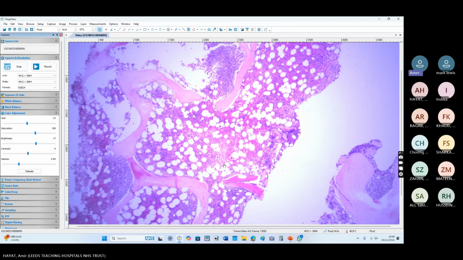In DLBCL, you will see large lymphoid cells because it is a diffuse lymphoma, a large lymphoid cell population in the bone marrow. Similarly, in ALL trephine as well, especially B-ALL trephine, it's full of lymphoid infiltrates.